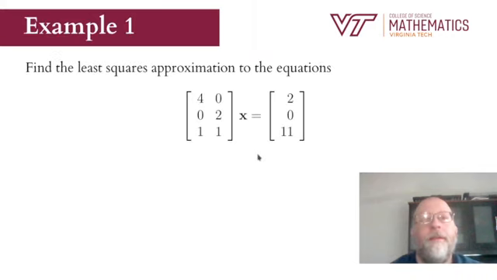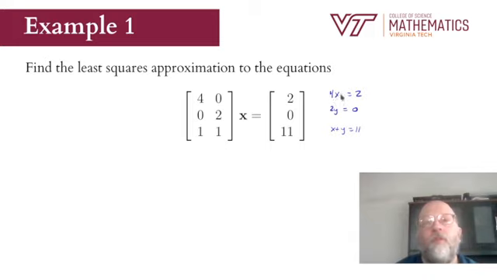Here's the example we're going to work through. Find the least squares approximation to these equations. First, these equations don't have a direct solution. The top equation says 4x equals 2, the second says 2y equals 0, and the third says x plus y equals 11.